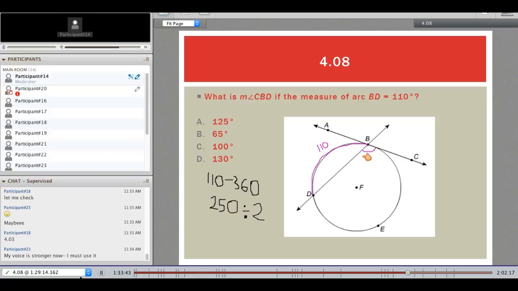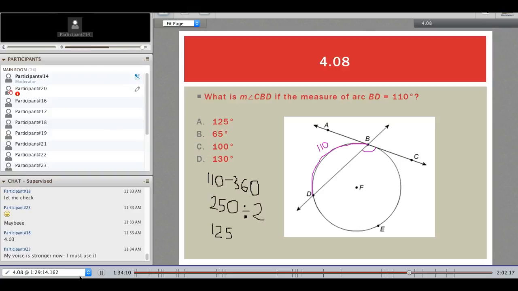You might scroll up. He started out by finding an angle and then subtracted from 180 to get the angle that he wanted, which would work. Because if you notice, angle ABD that we found in the last problem and angle CBD that we're looking for in this problem are supplementary because they form this line.